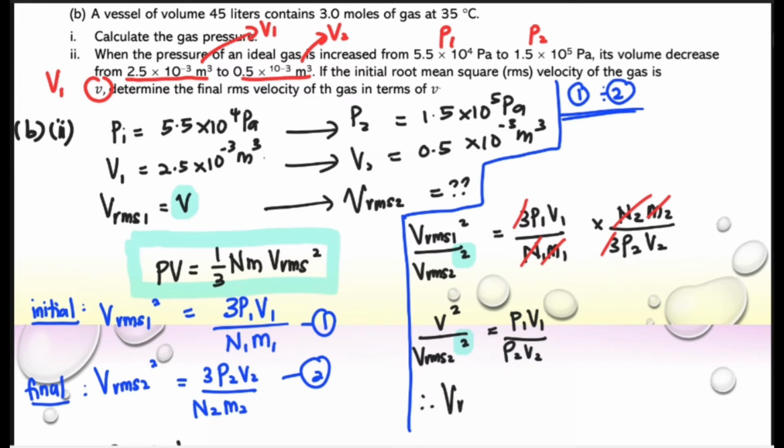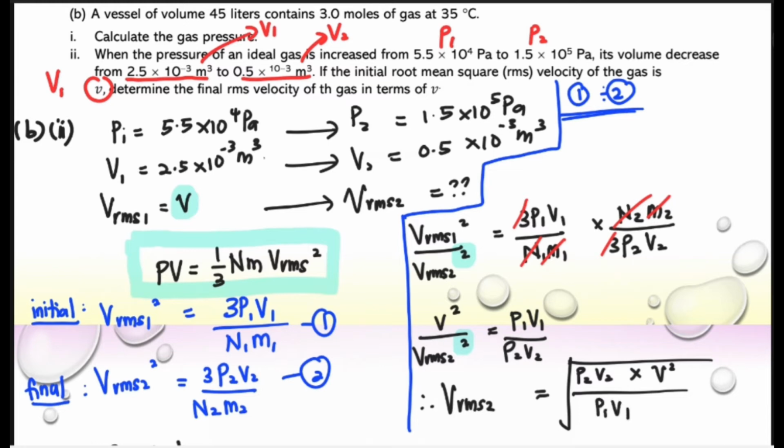We want to find VRMS 2, where VRMS 2 is equal to the square root of P2V2 times V squared over P1V1.